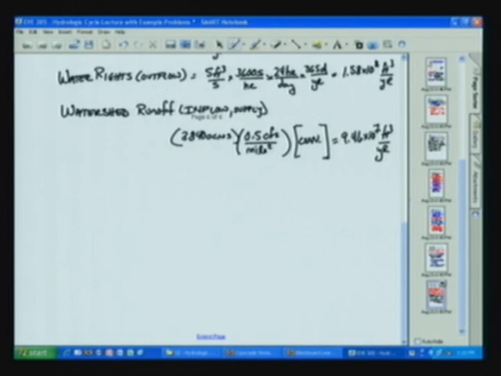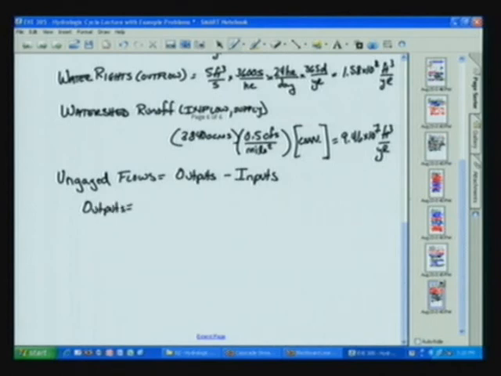So then our ungauged flows must be equal to our outputs minus our inputs. Okay. So the outputs, you can backtrack through all this.